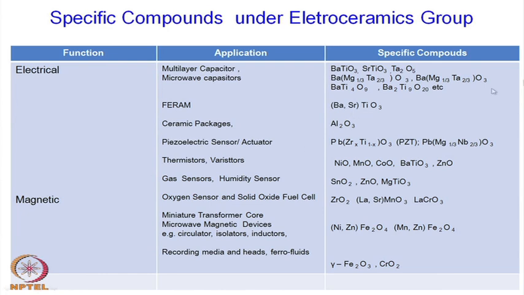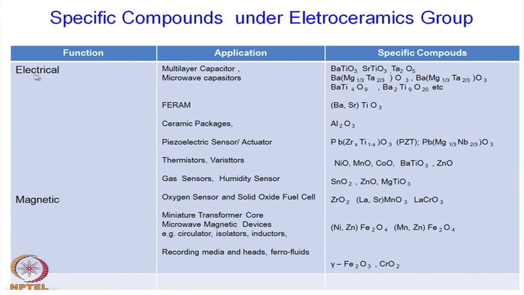Now, the examples of the compounds, particularly the oxides, when you are talking about the electroceramics group, that is one subgroup of advanced ceramics. Here is a list of the compounds which are useful, and we exploit different properties to make different devices. The lists are like this.